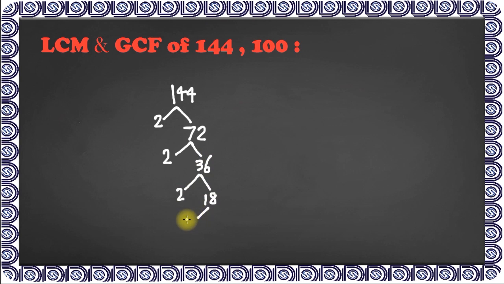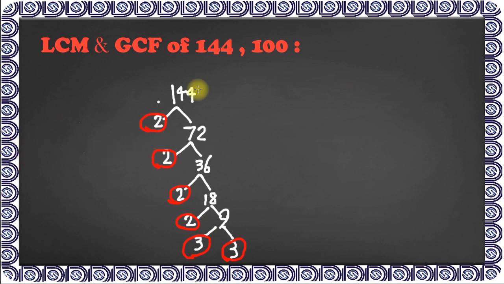And 18 divided by 2 equals 9. 9 divided by 3 equals 3. So we have 3, 3, 2, 2, 2, and 2.